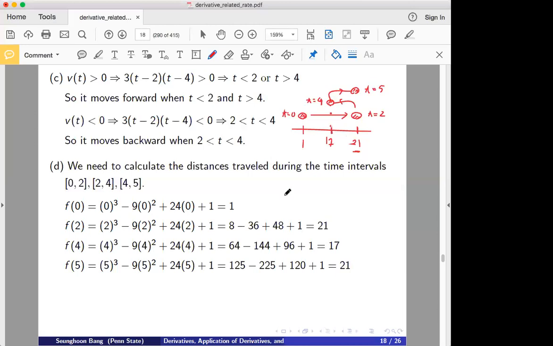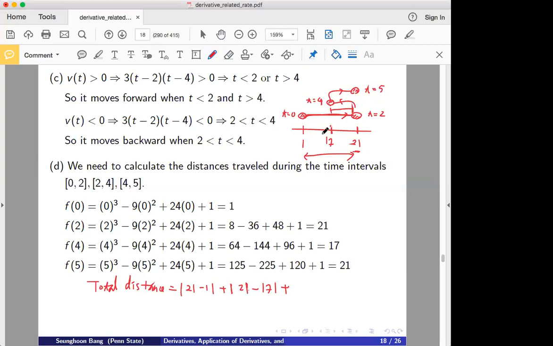So what's the total distance? The first one is this length, exactly from 1 to 21, so 21 minus 1. Plus the second one, from 17 to 21, which is 21 minus 17.